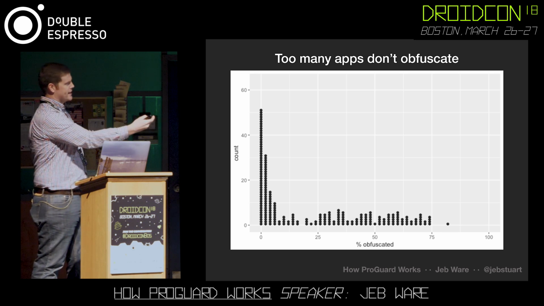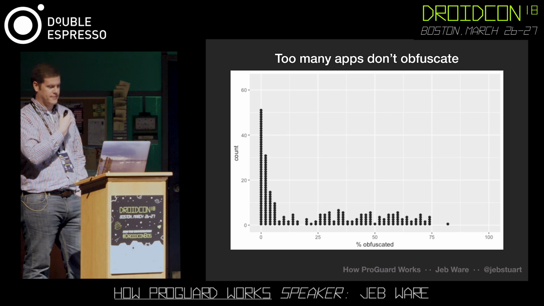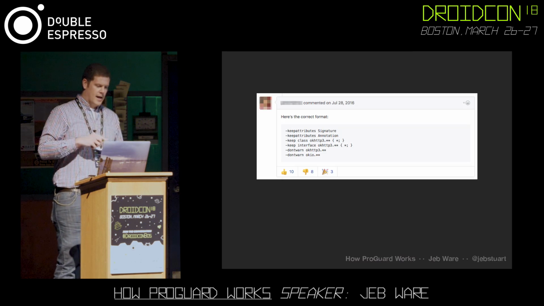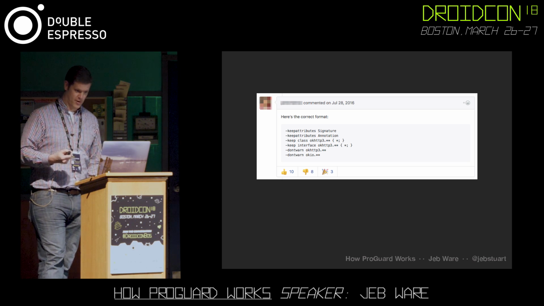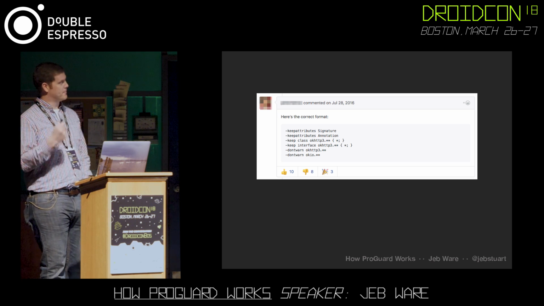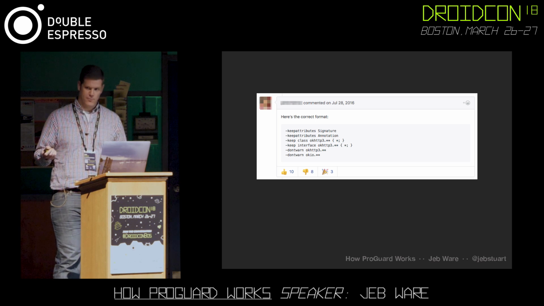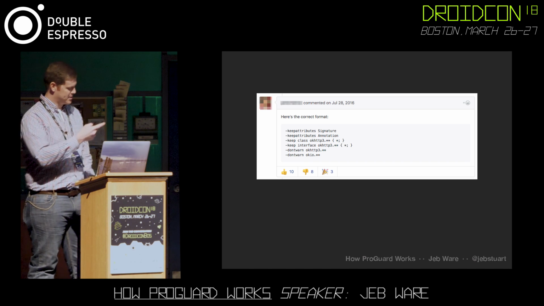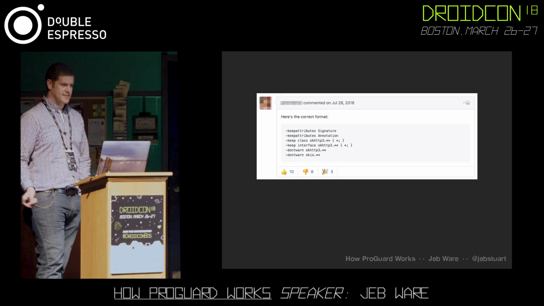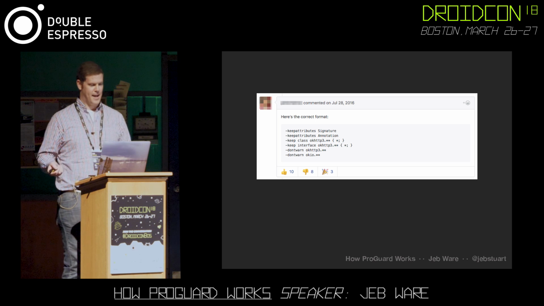Like, why is there such a range? You've turned Proguard on, why is so much of your code still not obfuscated? And then I remembered what's happened every time I had a problem with Proguard. You get a compiler error, or you get a crash at runtime, and you search for it, and you end up on Stack Overflow, or on GitHub issues, and you see something like this, and it's the top voted answer. And you're like, okay, let me put this into my app.